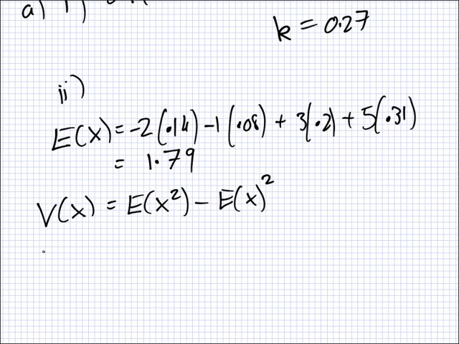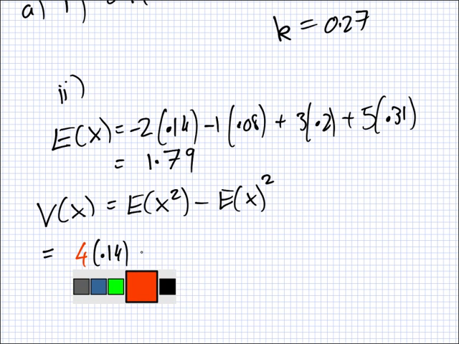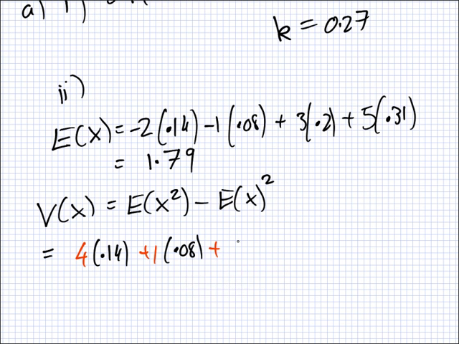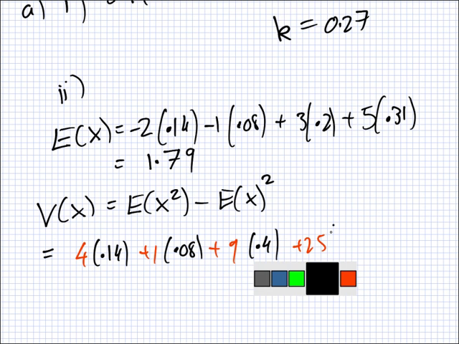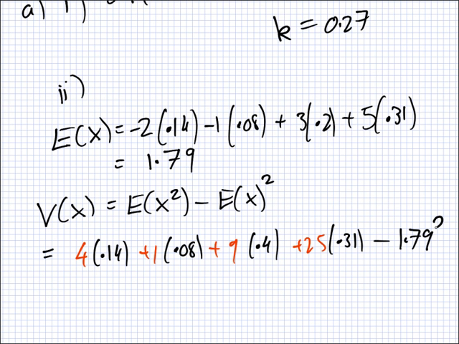So the first one is nearly the same as what we just did, except these are all getting squared now. So it'd be 4 times 0.14 plus 1 times 0.08 plus 9 times 0.2 plus 25 times 0.31 minus 1.79 squared.